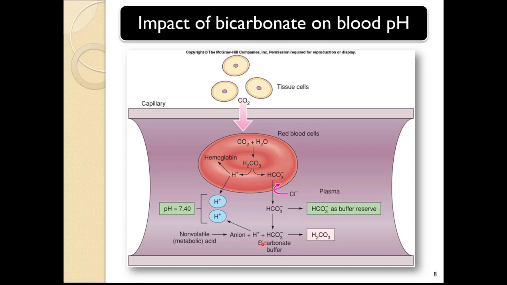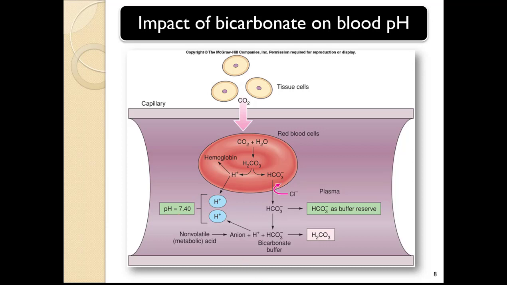Well, bicarbonate can serve to offset that. Very simply put, that was kind of long-winded of me, but let me say it another way. The extra bicarbonate that comes out of the red blood cells can offset metabolic acids. So it's just another source of acids that need to be buffered. And all of that contributes to keeping blood pH steady at 7.4.